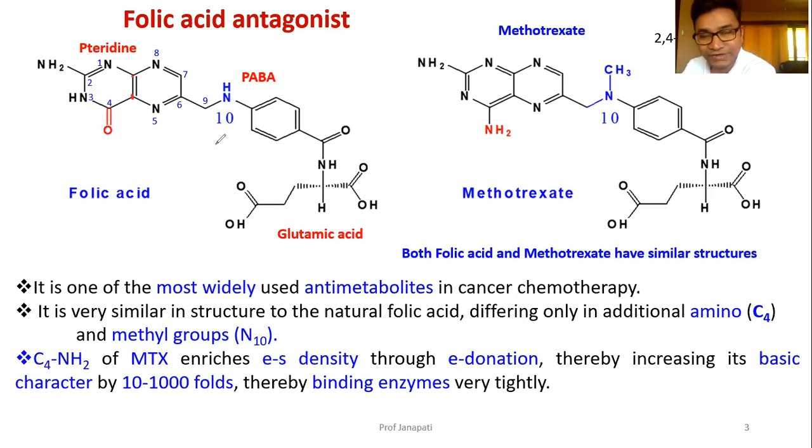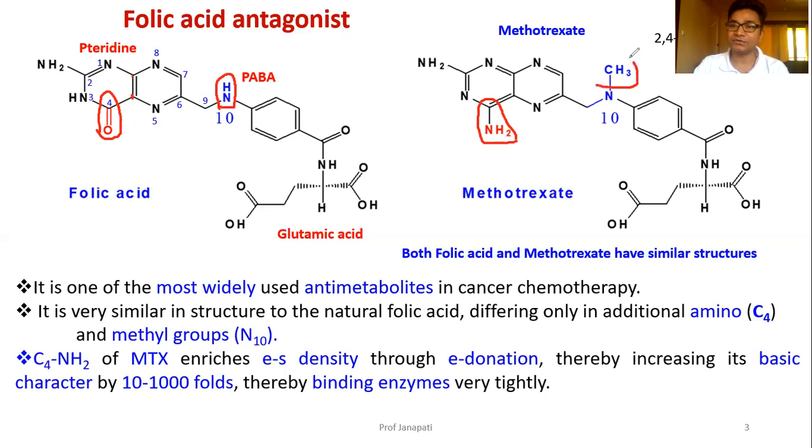Now, here you can see the structural difference: the 4th carbon of folic acid consists of a carbonyl group, whereas the drug methotrexate consists of an amino group. At the same time, the 10th nitrogen of folic acid consists of hydrogen as a substituent. Here there is a methyl group as a substituent.